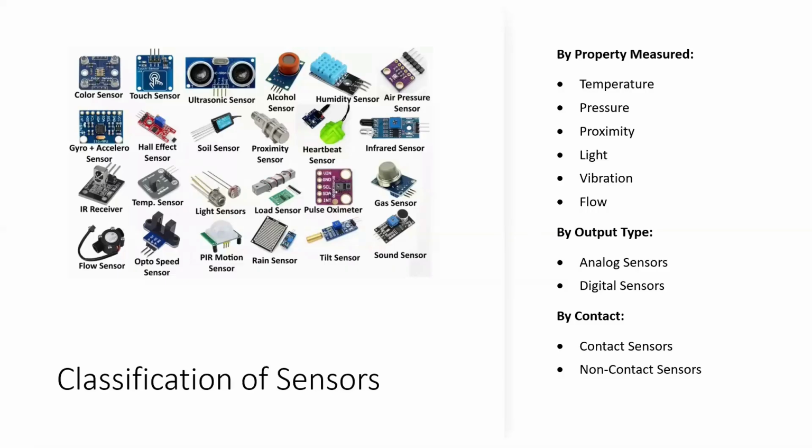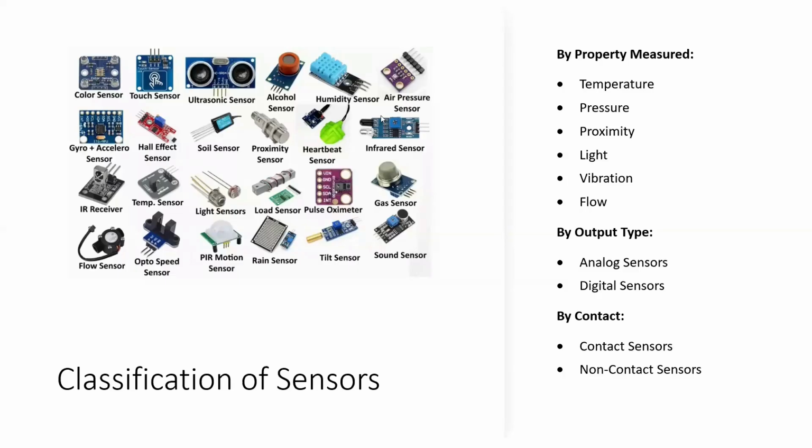If the output of the sensor is analog, we call it an analog sensor. If it is digital, we classify it as a digital sensor. Then we also classify them by contact: contact-based sensors, which need a direct physical touch before they respond with an output, or non-contact sensors. These are three different ways in which we classify them.